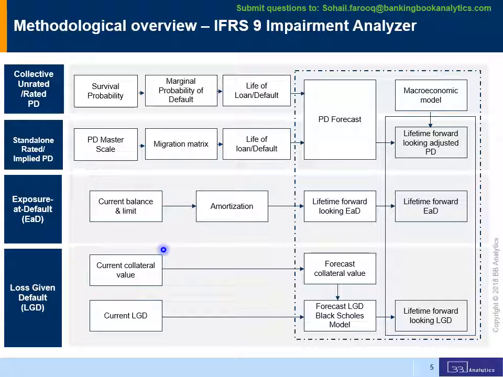For exposure at default, we organized facilities on the basis of amortizing and revolving loans. For revolving facilities, we use credit conversion factor to determine exposure at default of undrawn exposures. For amortizing facilities, we developed prepayment factor. Finally, to determine the forecasted LGD, we used Black-Scholes option pricing model.